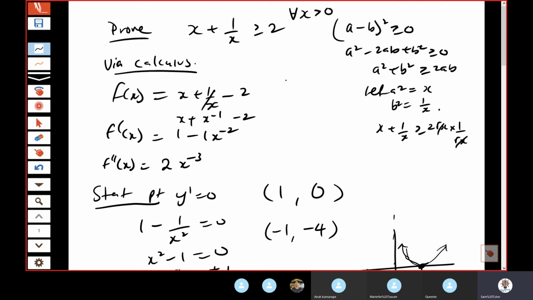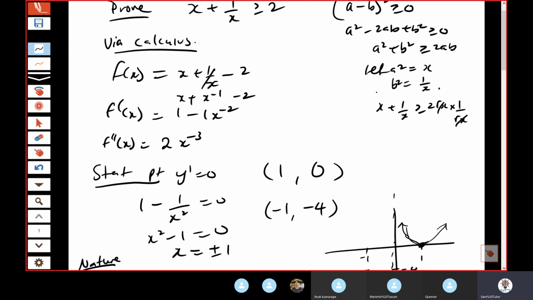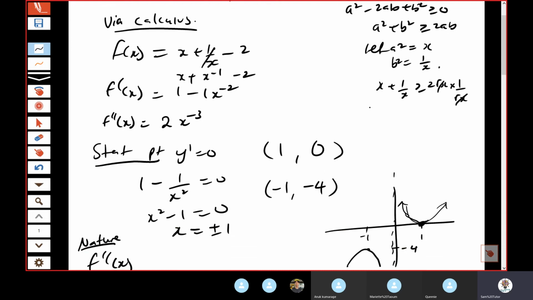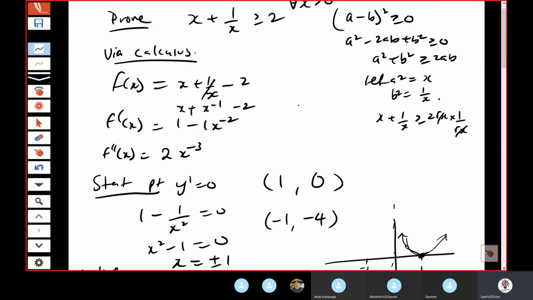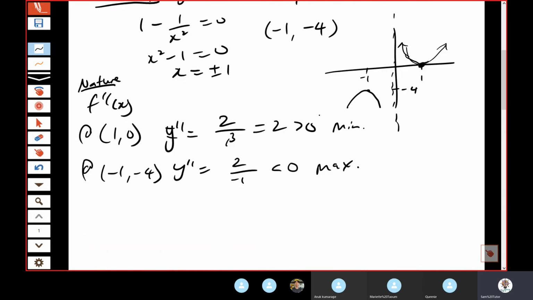Will this be greater or equal to 2 using this proof? No, that's fine, for all x greater than 0. So we're taking into account just that one. So we won't need our -1 case.